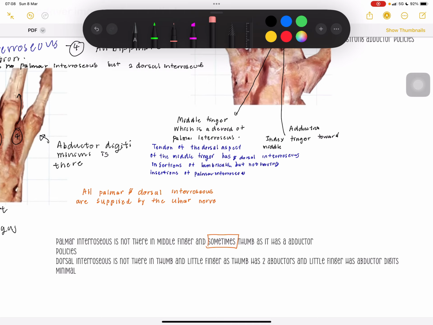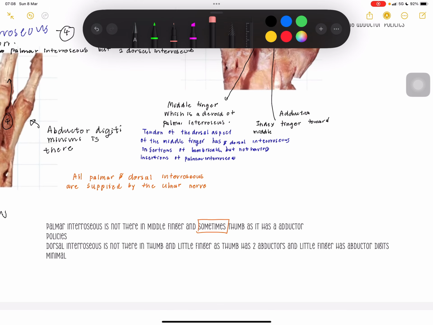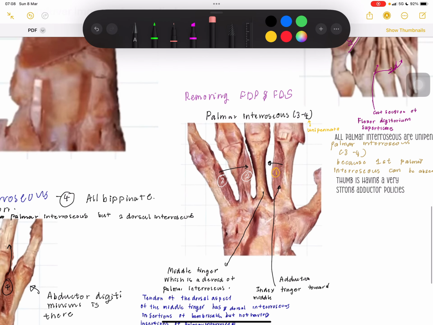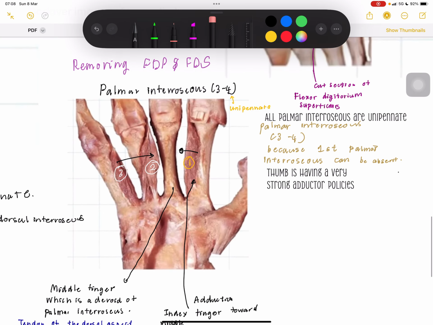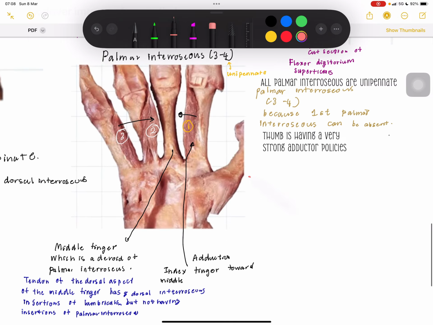And then dorsal interosseous is not there in the thumb and the little finger, as the thumb has its own muscles, adductor pollicis and abductor pollicis, and the little finger has abductor digiti minimi. For the thumb, sometimes they may not have the palmar interosseous because they have a separate muscle called adductor pollicis.